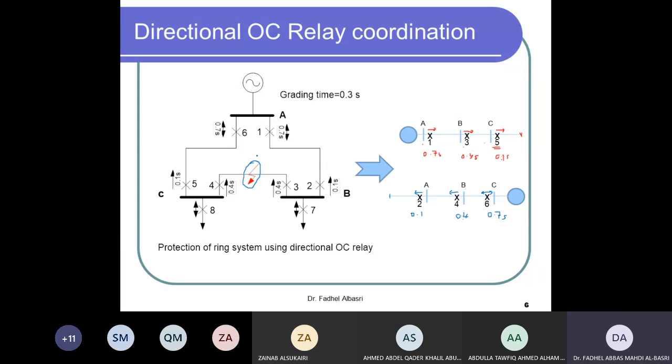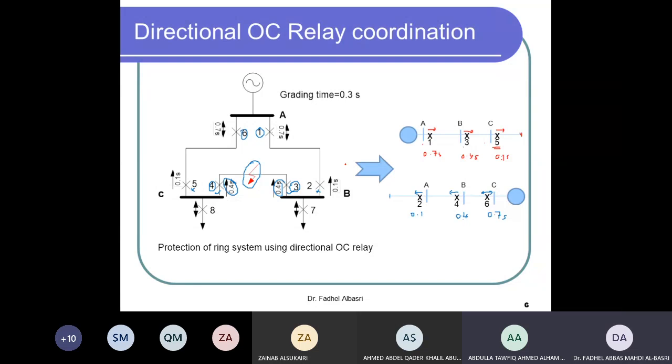Now, if the fault is changed to another location, I will change this color to red. Doctor, now if the fault is between 3 and 4, wouldn't 2 operate too, even though it is 0.1 second? It won't operate, because the fault direction is this direction, right?